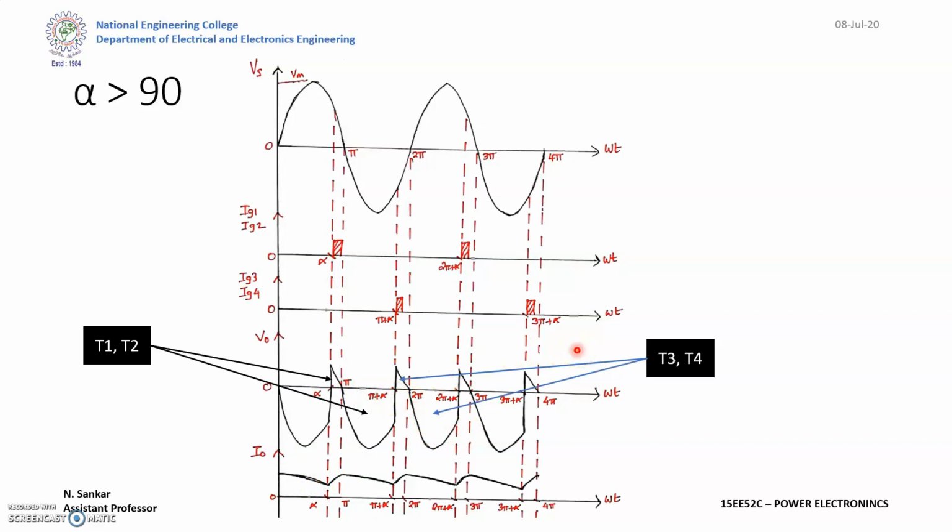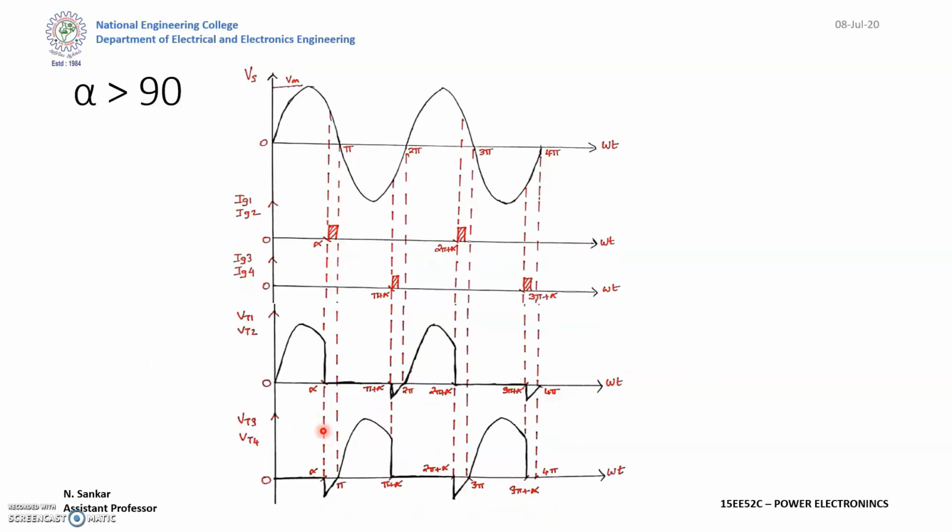Simply, when your firing angle is greater than 90 degrees, most of the output voltage is in the negative area. A full converter controls the DC output voltage in both positive and negative, so the voltage can be a positive value or a negative value.